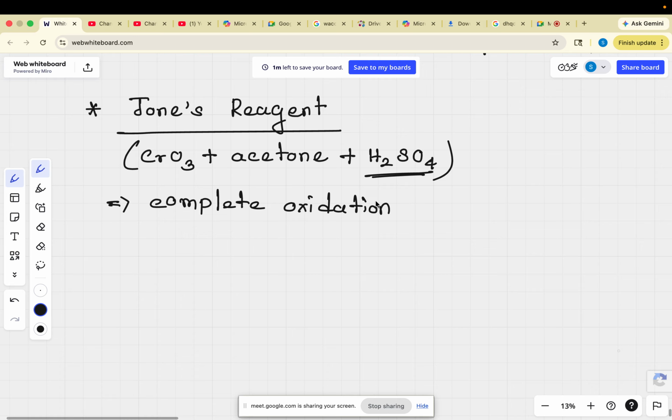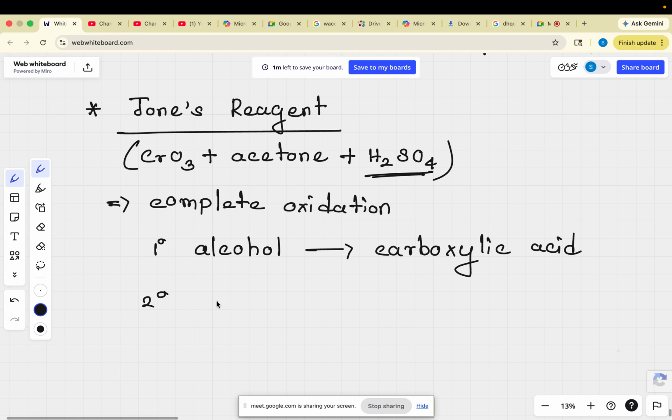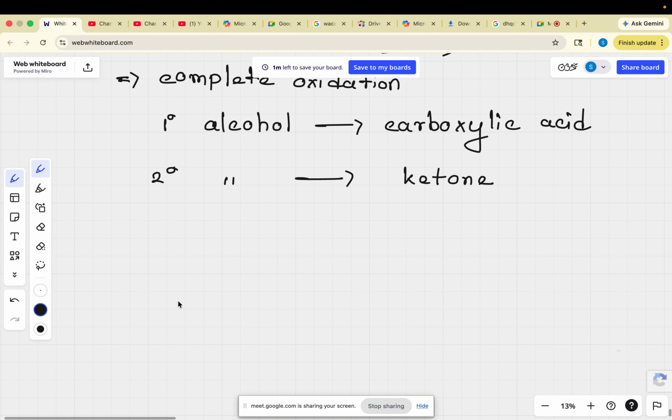So when you are using concentrated acid, if you have primary alcohol, that will give you carboxylic acid, not aldehyde. If you have secondary alcohol, that will give you ketone, because ketone cannot be further oxidized, but aldehyde will oxidize to your carboxylic acid. So if I have primary alcohol RCH2OH in presence of this Jones reagent, what will you get?